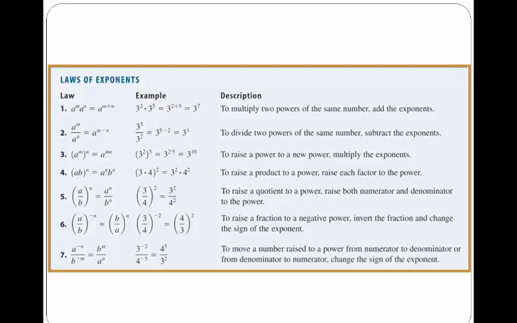We will be using these laws regularly throughout this set of exercises, so if you're not familiar with them, I would suggest keeping them open. They are in the book early on in the section if you want to look at them there. They're also in the front cover of the book in slightly different form.